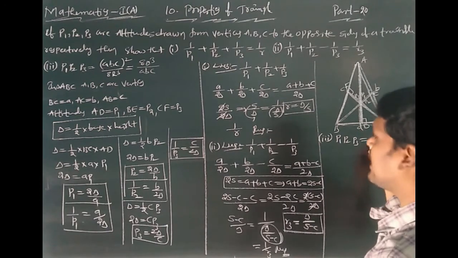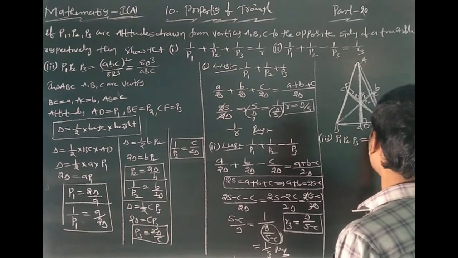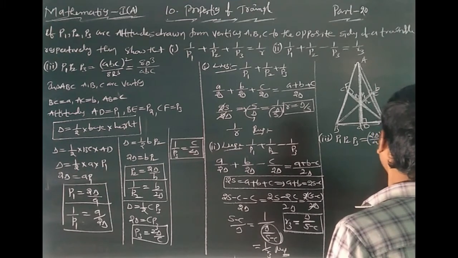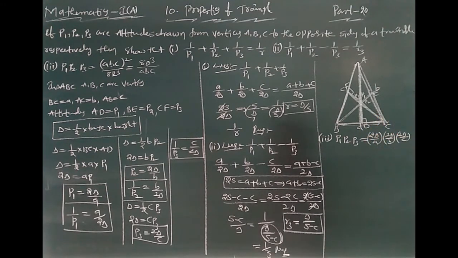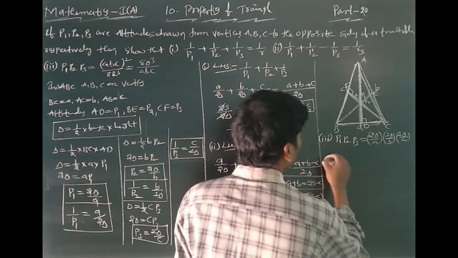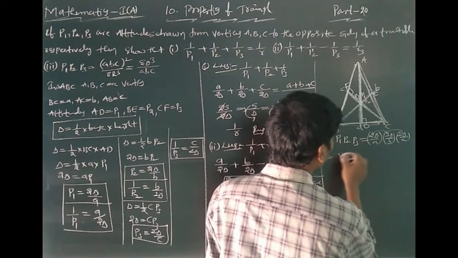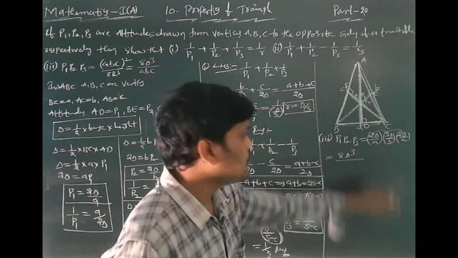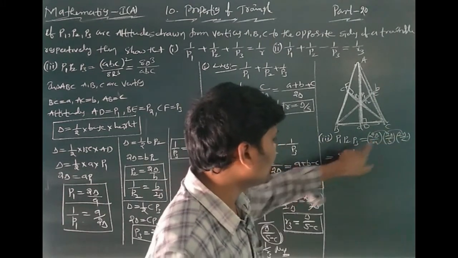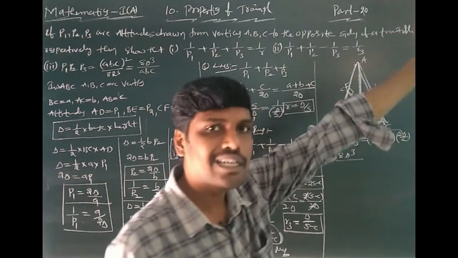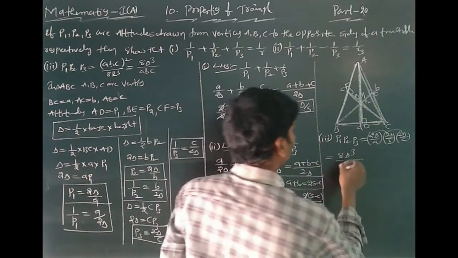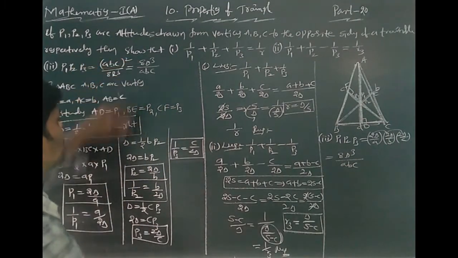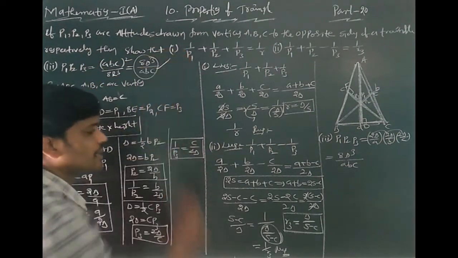First you can write P1 value: P1 equal to 2 delta by A, P2 equal to 2 delta by B, P3 equal to 2 delta by C. You can write here 2 into 2, 4, 4 into 2, 8, delta into delta into delta, you can write delta cube, whole by ABC. 8 delta cube by ABC.